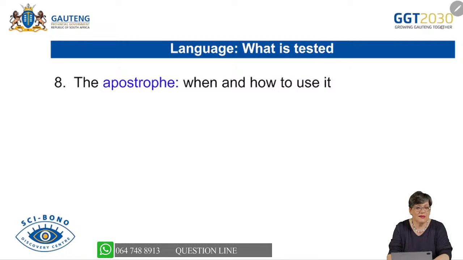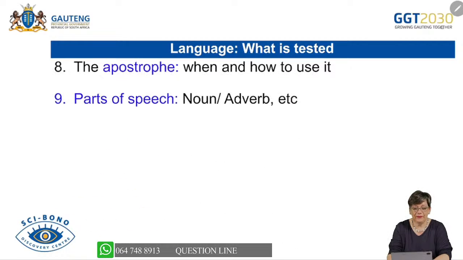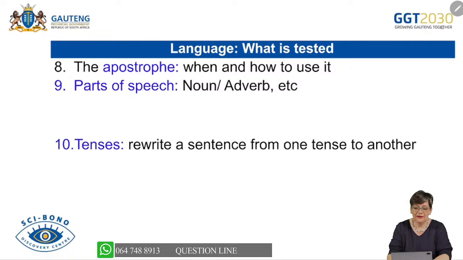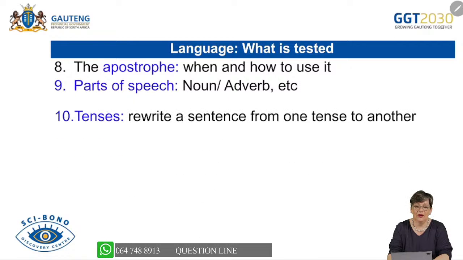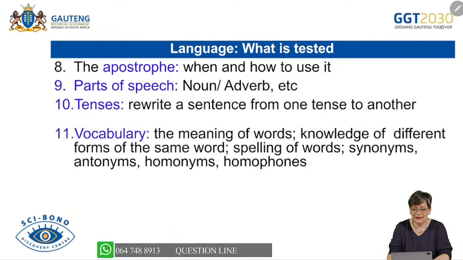We can also ask you about the apostrophe, when and how to use it. You might be asked to identify the parts of speech in a sentence. You can be asked to rewrite a sentence into another tense, for example, the present tense, the future tense, or the past tense.